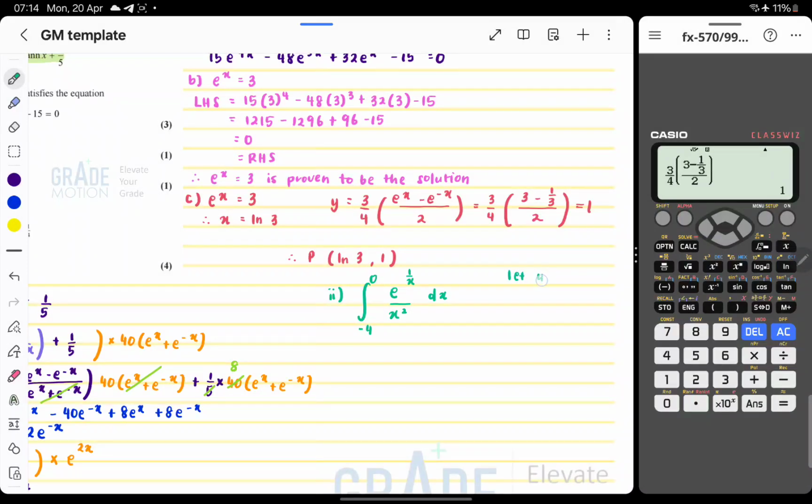So let u equal to 1 over x, which is x to the power of negative 1. If we differentiate, du dx, we will get negative x to the power of negative 2, which is negative 1 over x squared. By rearranging this, we will get dx is equal to negative x squared du. Let's replace this into our integration.